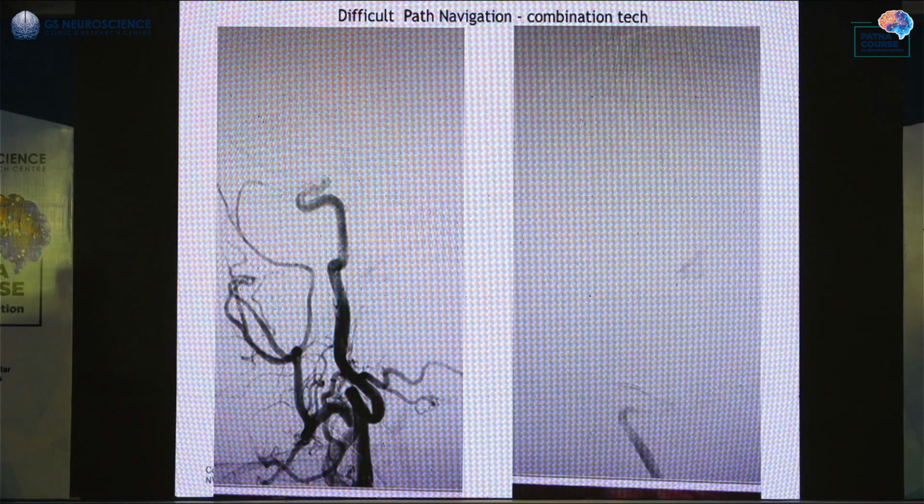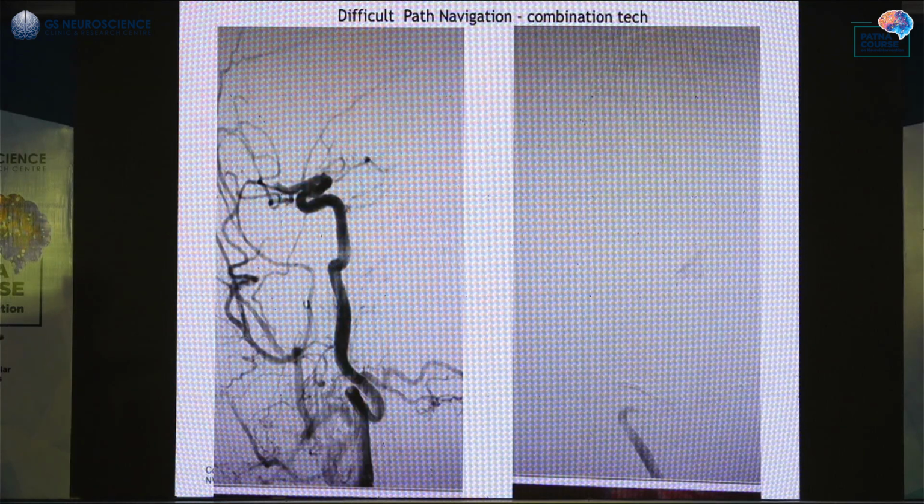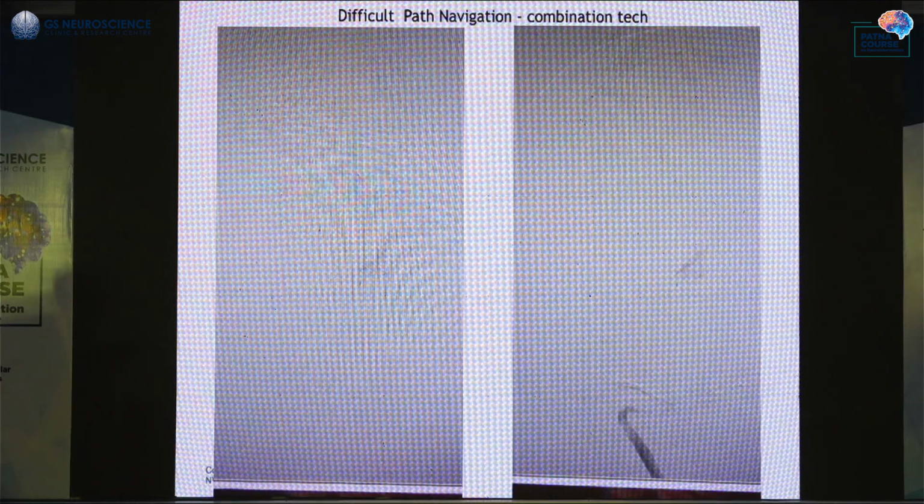I use the combination technique first where I think going multiple times in the artery will be difficult. Like in this case, you can see the significant loop, then the second, then an acute angle in the cavernous sinus and going to the MCA. So I took a long sheath, then the aspiration catheter.